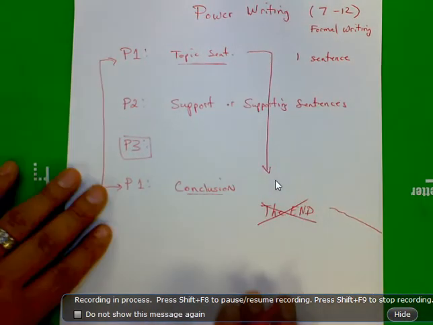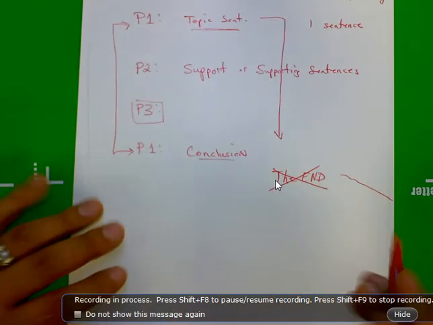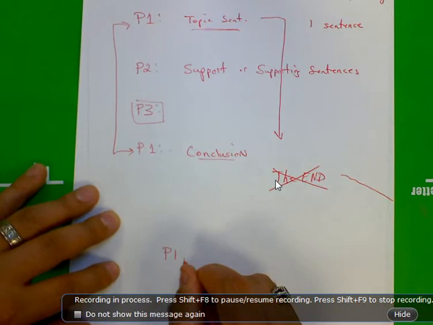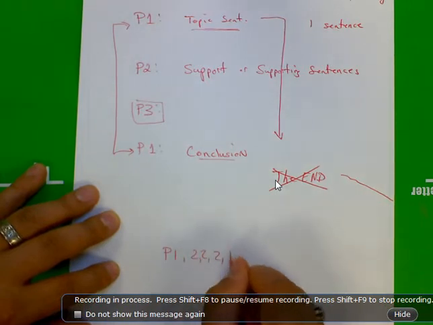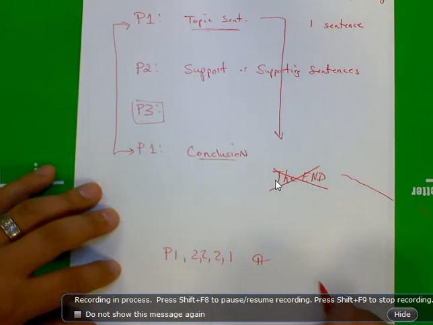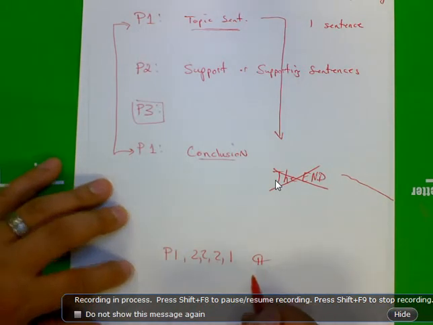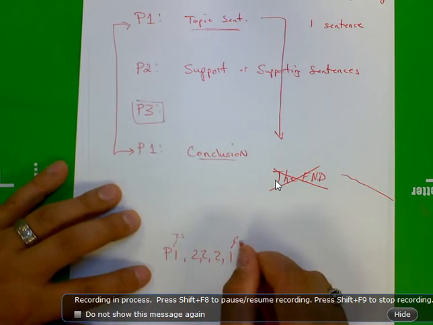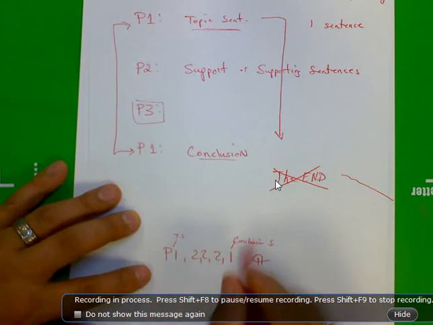Eventually, I'm going to ask my students to write me a power 1, 2, 2, 2, 1 paragraph, and this is the paragraph symbol. What that means is we're going to have a topic sentence, and a conclusion sentence, but we're going to have 3 different ideas.